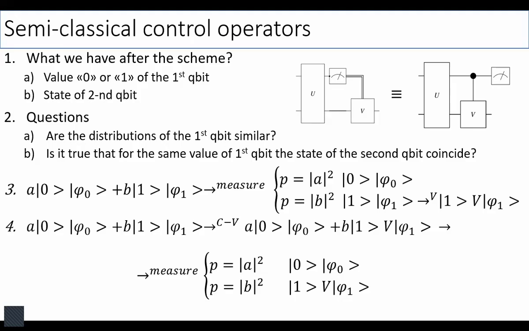This is the reason why in all theoretical works you will never see this operation, because it can be replaced by the other scheme. But in practice, of course, there would be a difference. Because, as I told, here I measure 1 qubit and do 1 qubit operation, and this is usually very well implemented.